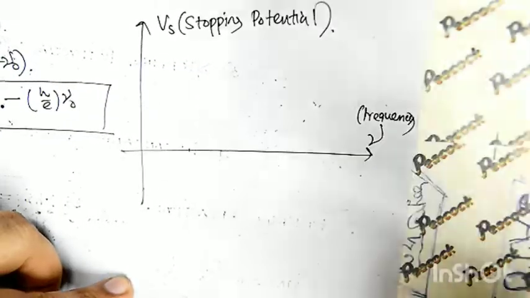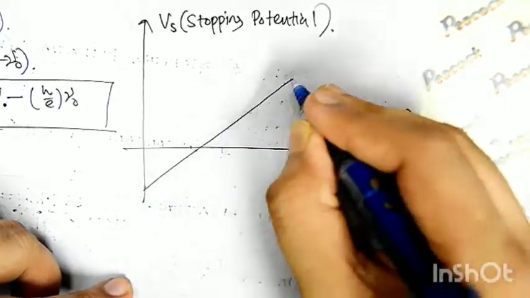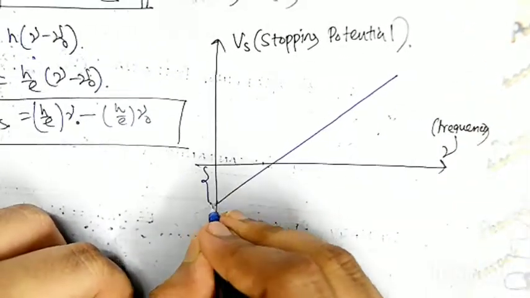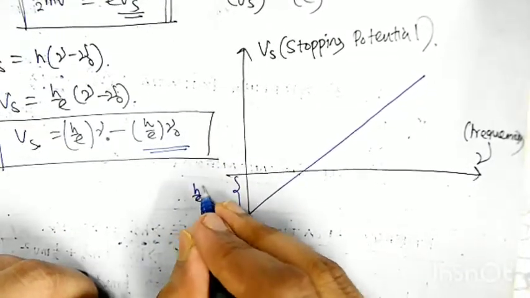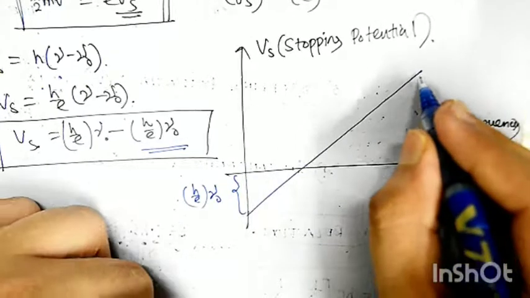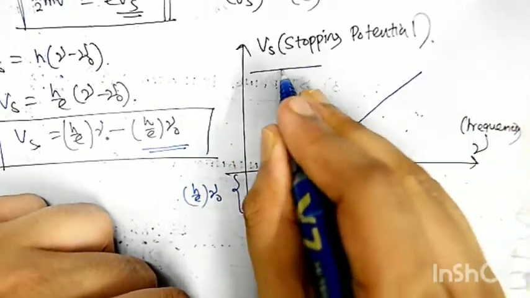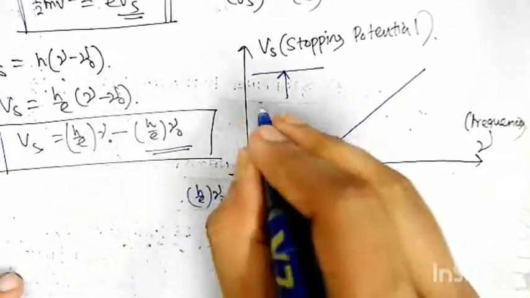We will get a straight line from this graph, where the negative portion signifies this negative part and the positive portion signifies the positive portion of this.